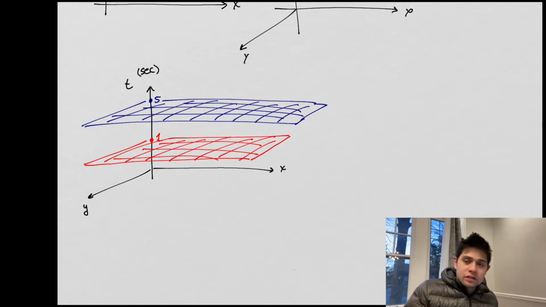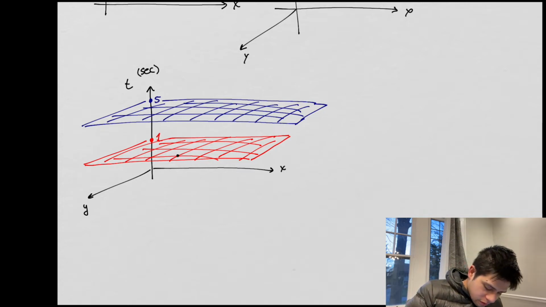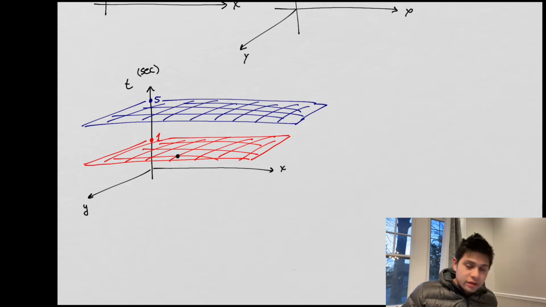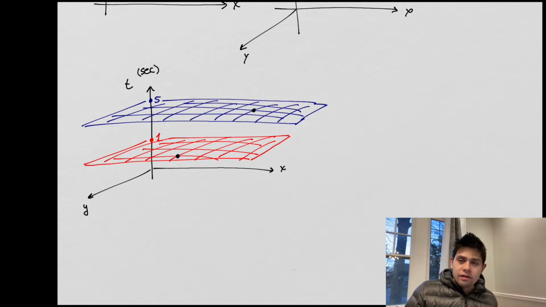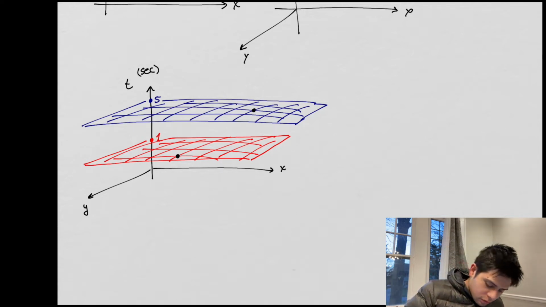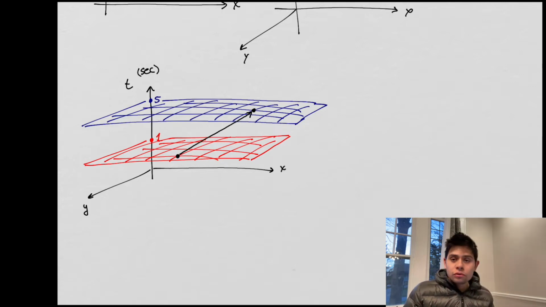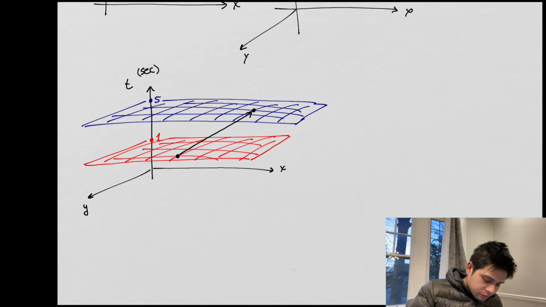And we can imagine how 2 events might look in the space-time. So say we're at this location here at time equals 1, and we're at this location here at time equals 5. So we mapped out this trajectory. It doesn't have to be straight, right? So at time equals 4, we could have been somewhere in here, right?